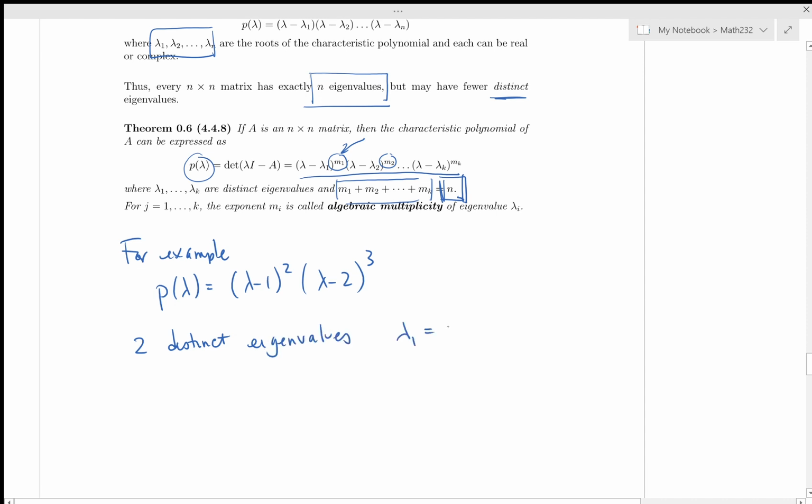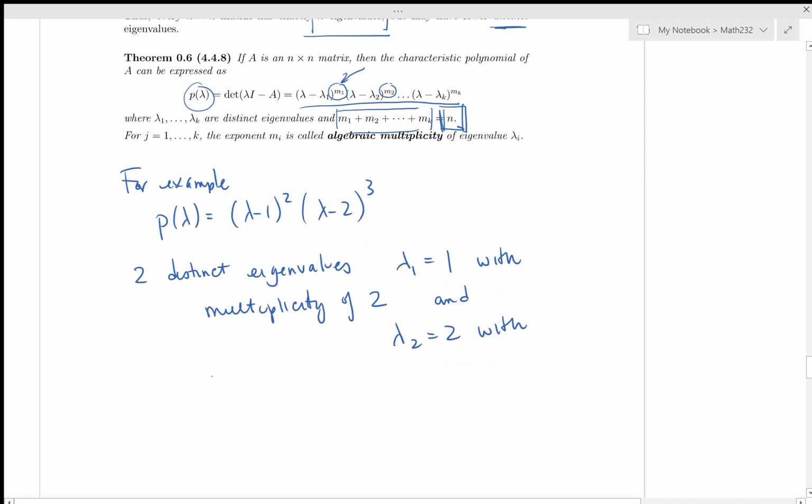Lambda 1 is equal to 1 with multiplicity of 2, and lambda 2 is equal to 2 with multiplicity of 3.